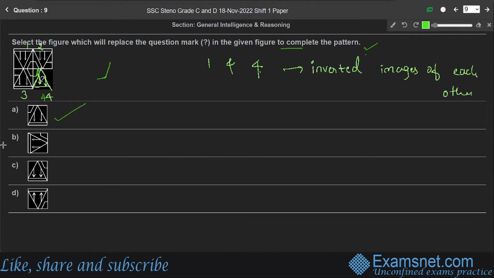And second and third are the same, inverted images of each other. Therefore, option A will complete the given pattern. So option A is the right answer.